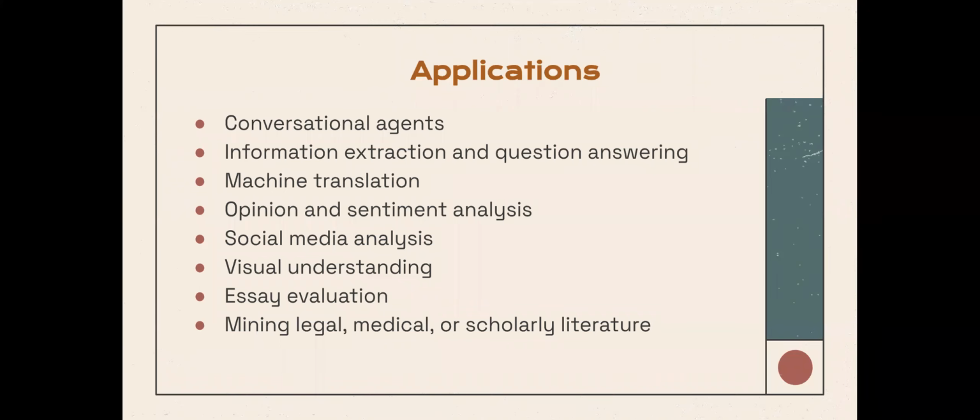They are trying to break these things down to numbers, and for that, machine learning NLP really helps them. There is also social media analysis, visual understanding, essay writing, and mining legal, medical, and scholarly literature.